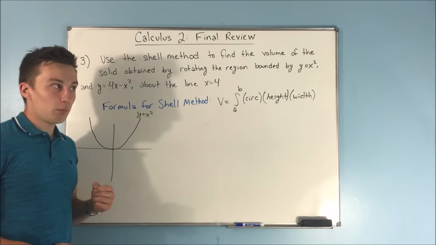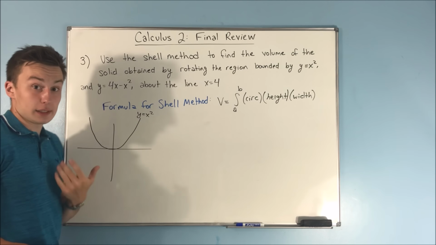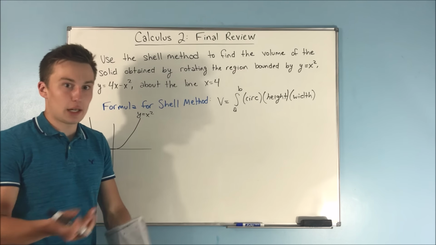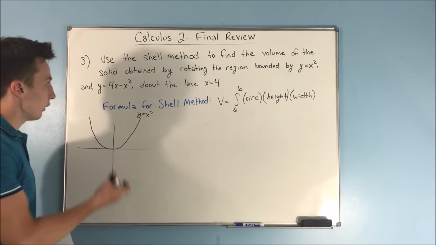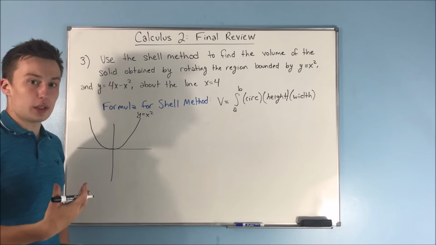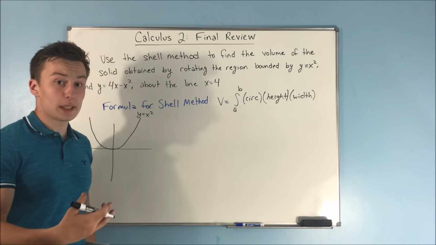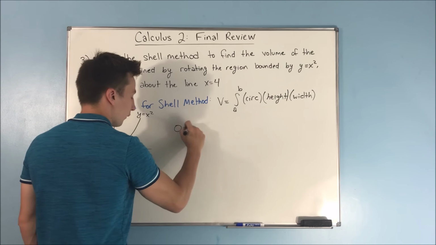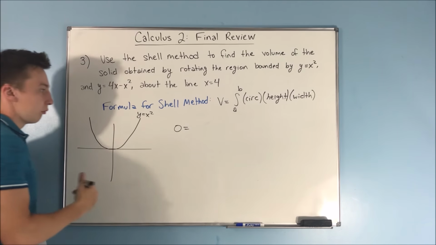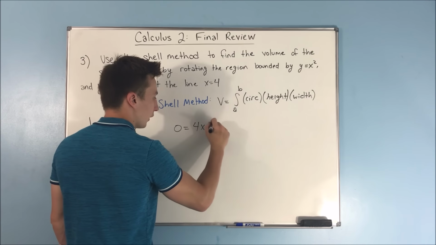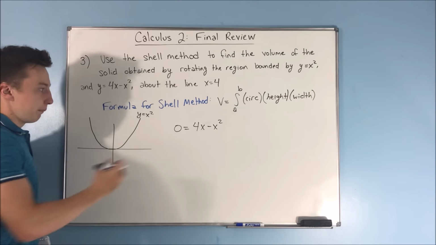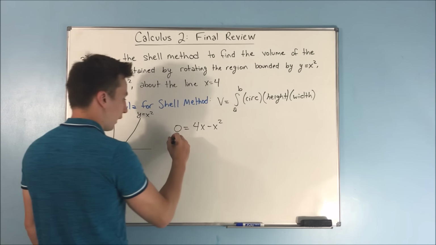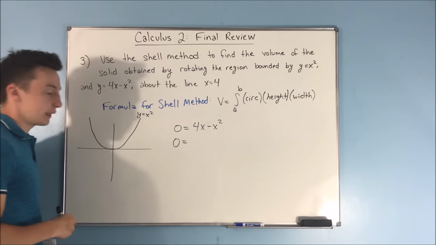Now if you don't know what that graph looks like, because I don't know what that graph looks like off the top of my head, you can just find the zeros. There's a negative x squared here, so you know it's going to be an upside down parabola, but just find the zeros by setting y equal to 0, just like in algebra, and figuring out what x values will make y 0.